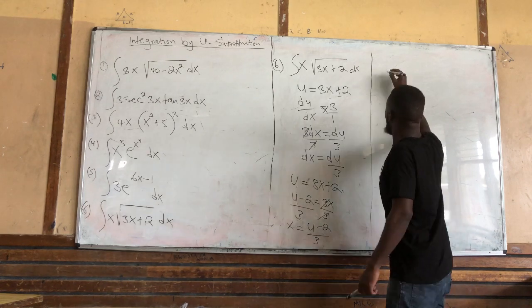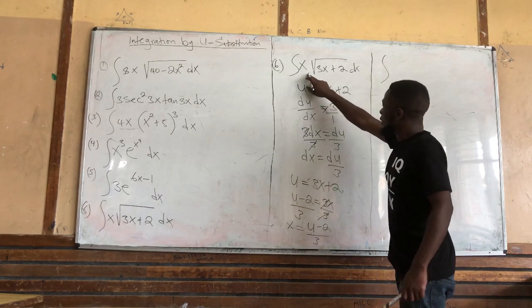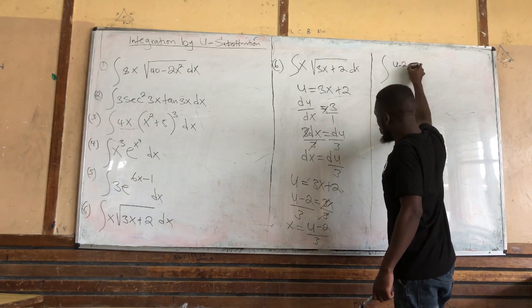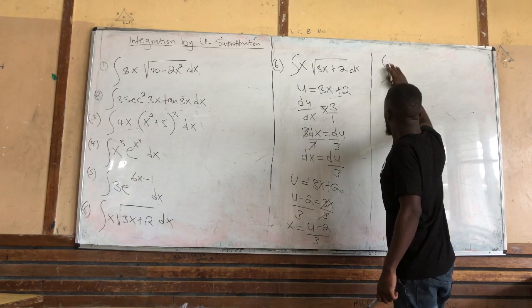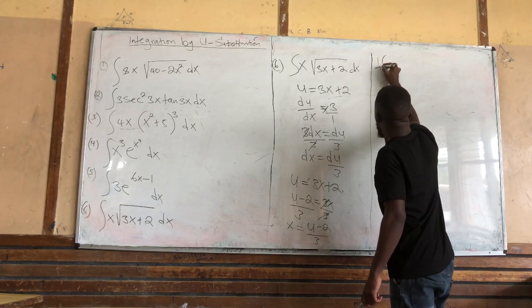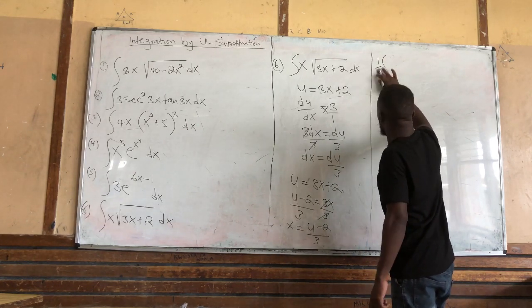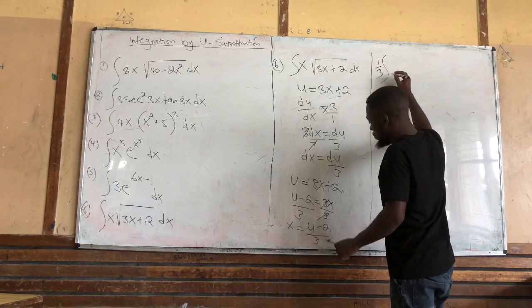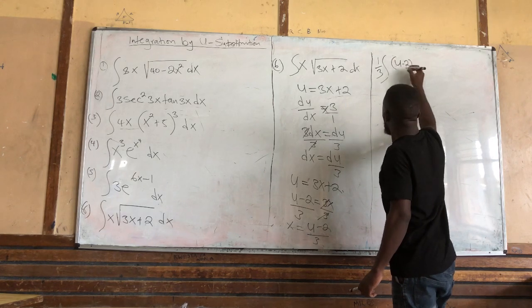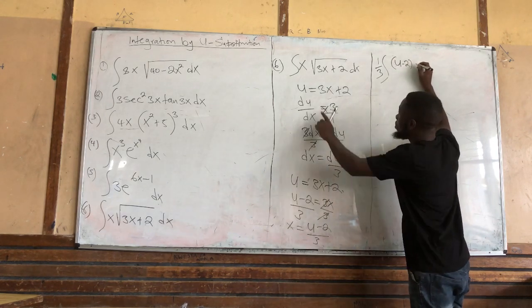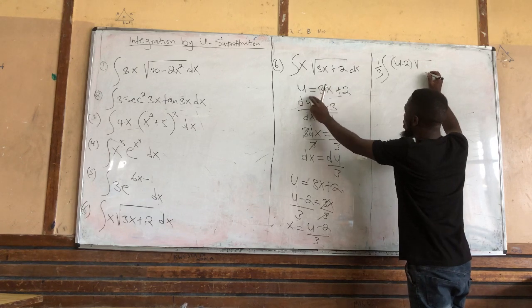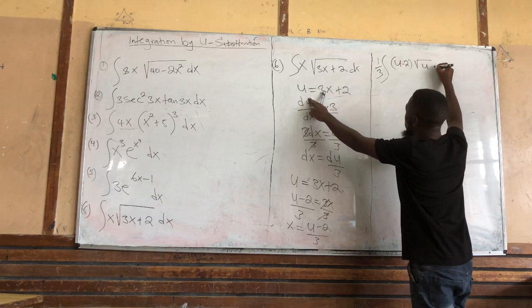So this will be the integral where there's this x, we need to put u minus 2. Let me put this 1 over 3 outside here. It's 1 over 3 times u minus 2, multiplied by the square root of what is inside the square root, which is u, multiplied by dx.